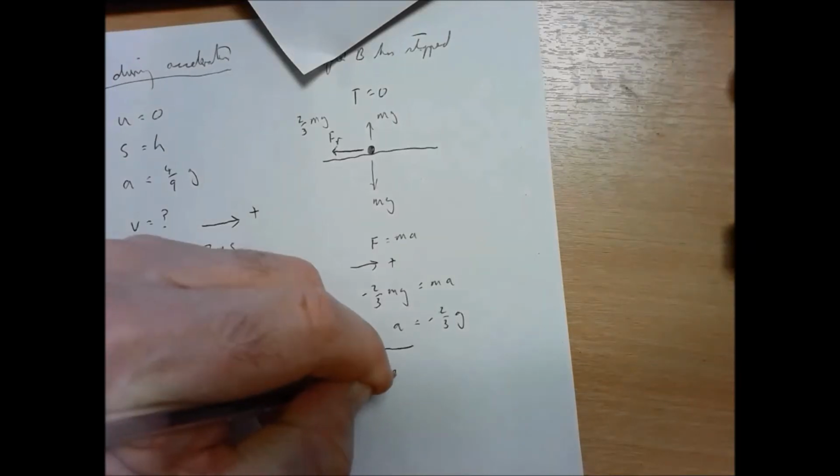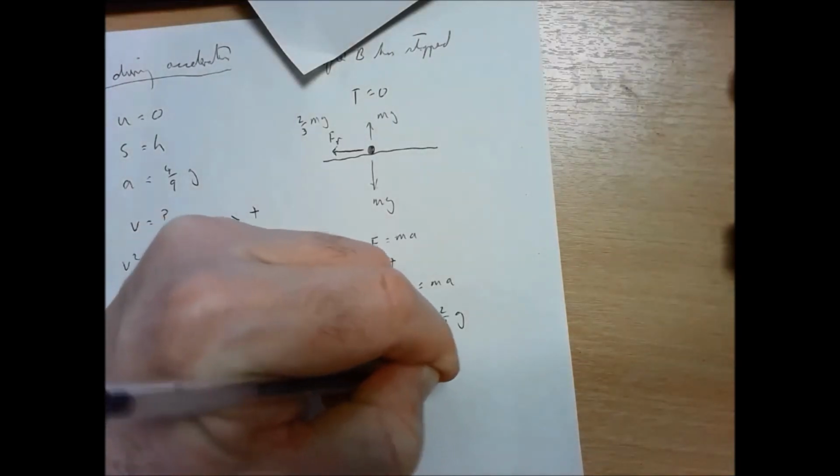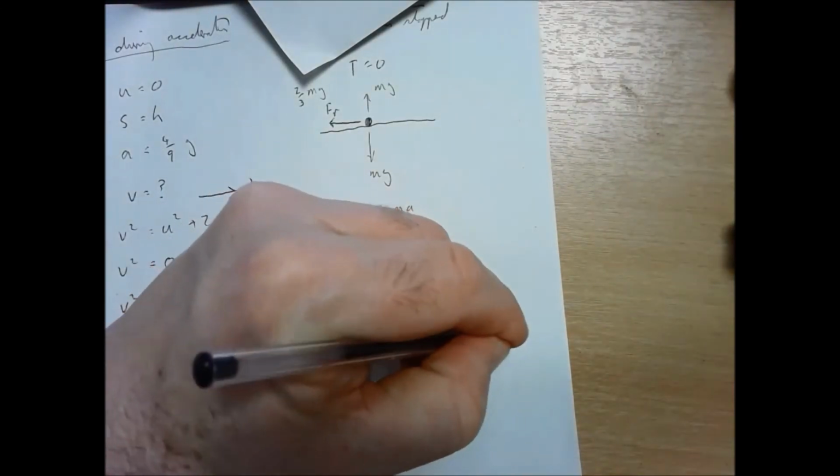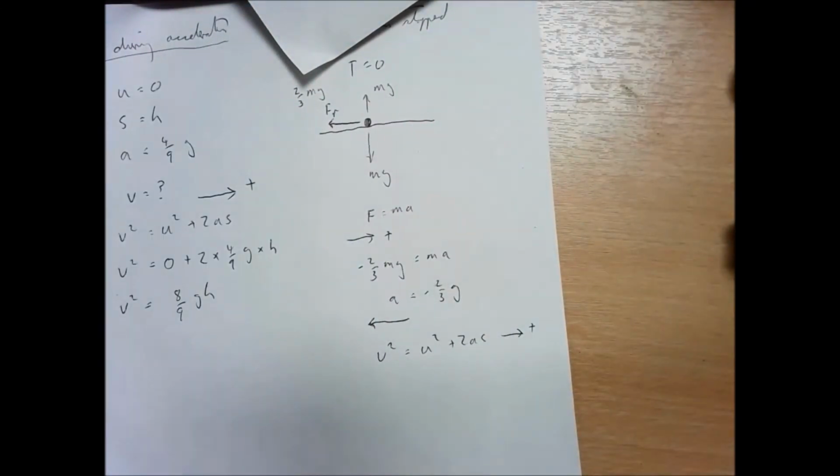Right, so we're going to go back and use V squared equals U squared plus 2AS, and I'm going to use that way as positive.